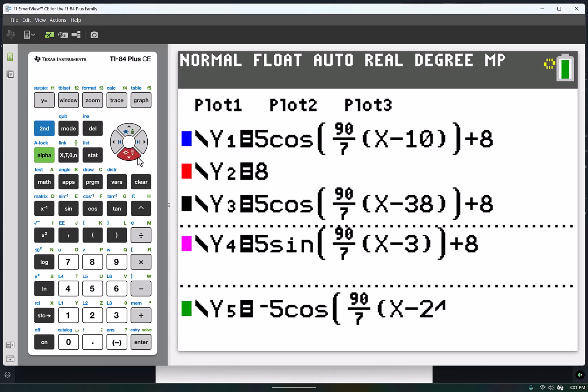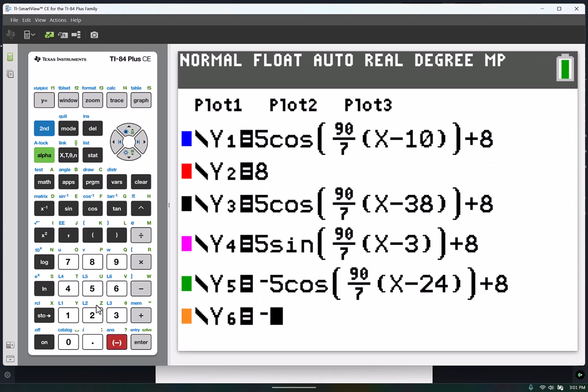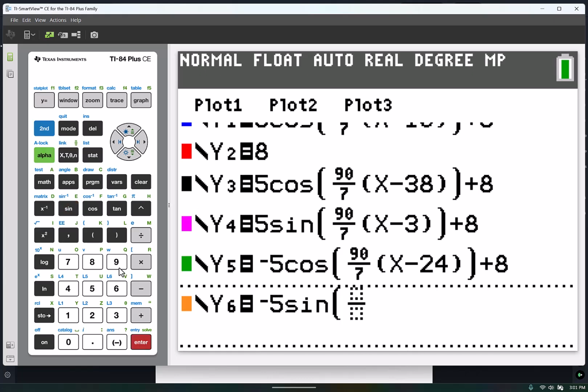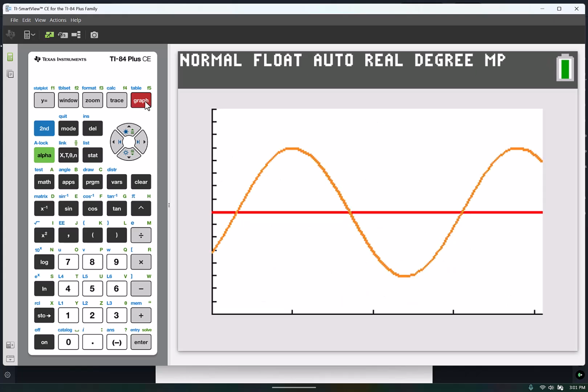And I'm going to make sure that all of them are the same. Negative 5 sine, y equals 90 over 7, x minus, what was it, 17? And there it is, guys. All of them are the same. Isn't that cool?